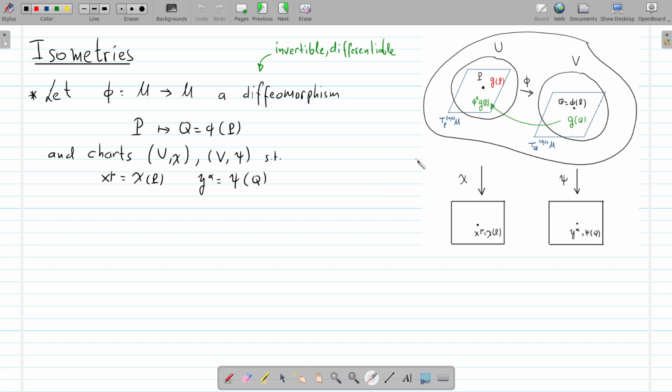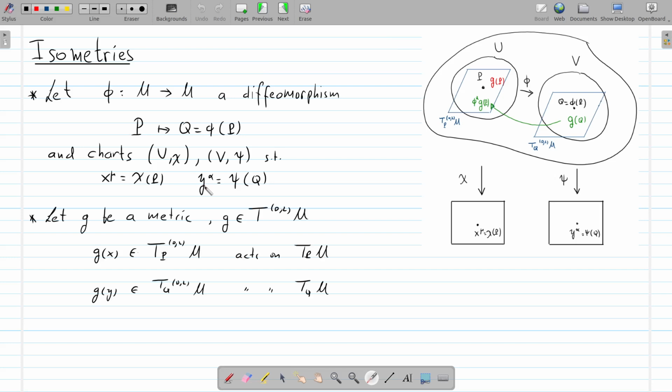And as you can see in this figure, through this diffeomorphism, a point P is mapped to a point Q. And let's have also two coordinate systems given by the charts U and V, so that the point P has coordinates x^μ and the point Q has coordinates y^α.